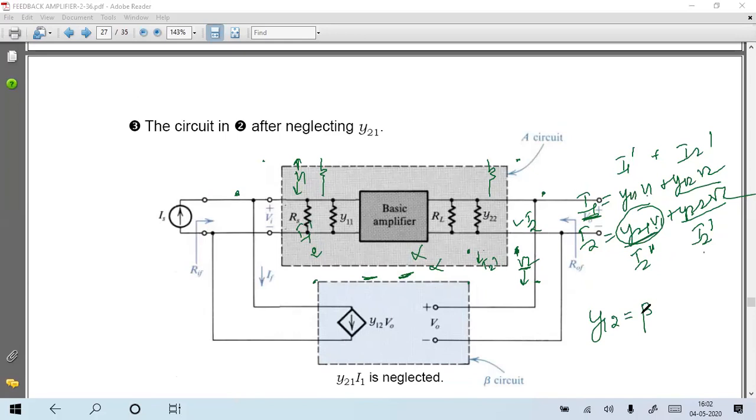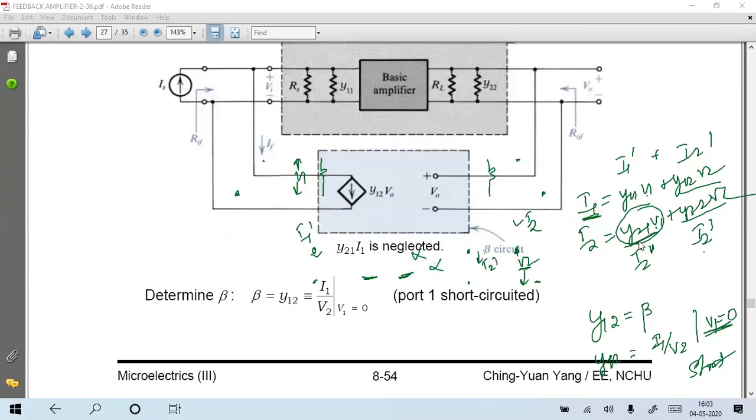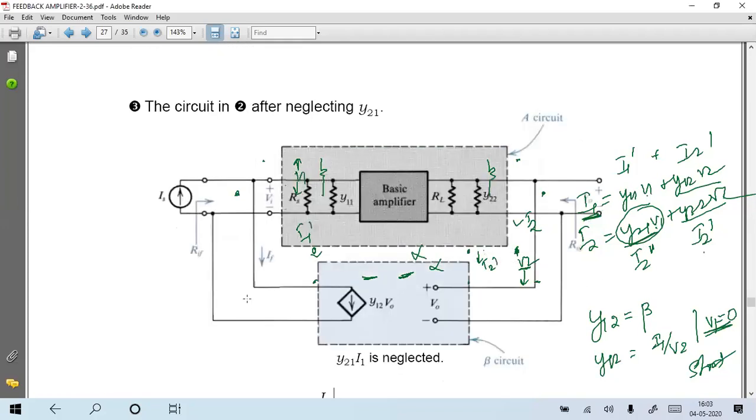Correct? Compare with the ideal case. In the ideal case, the feedback network will be there. So Y12 is beta. What is Y12? Y12 is nothing but I1 by V2, making V1 as 0. V1 as 0 means short circuit. Input short circuited.